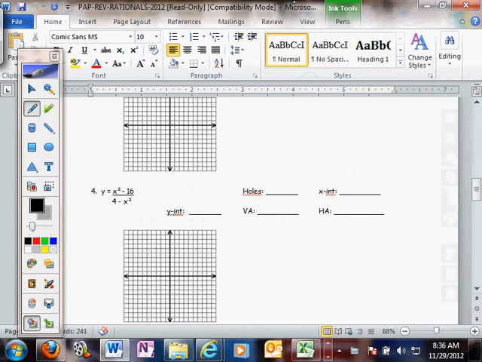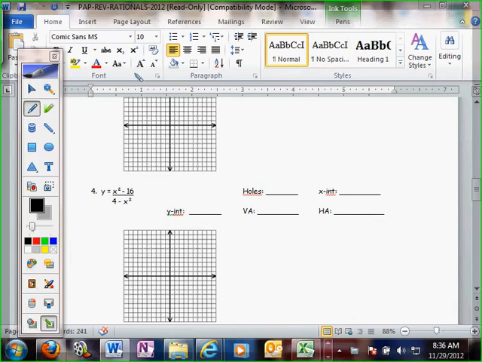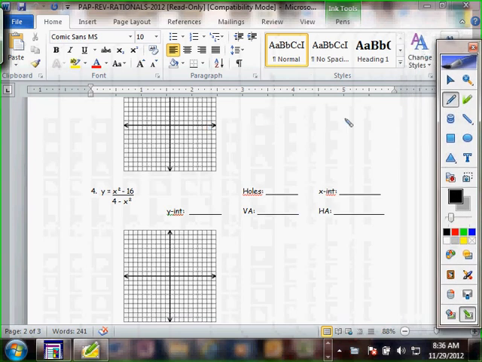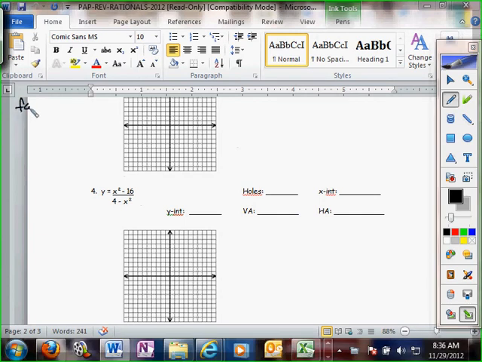Alright, let's look quickly at number 4. Okay, factor the top and the bottom if possible. You should be able to roll right through these now. Y equals, top is difference of squares, that's (x plus 4)(x minus 4).